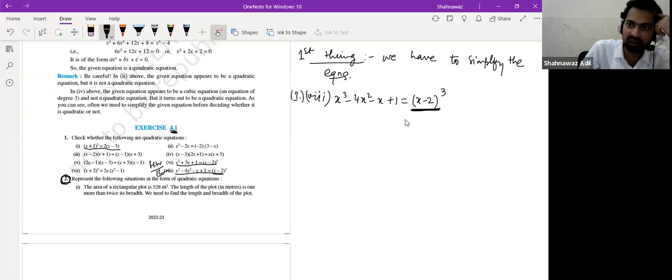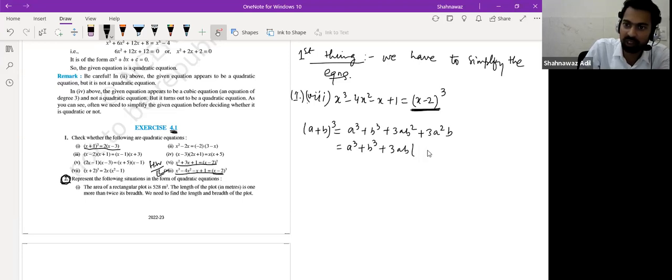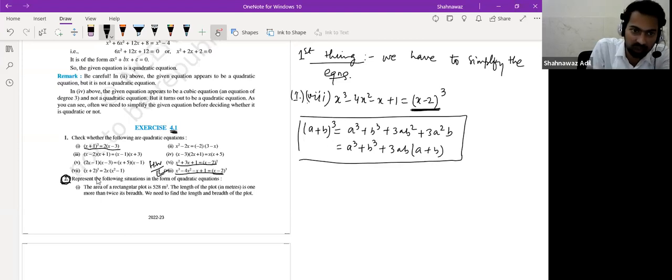Sir, x minus y whole cube. Yes. So (a minus b) whole cube, right? And first I will write what is (a plus b) whole cube. This is a cube plus b cube plus 3ab square plus 3a square b, right? Or you can write it this way also: a cube plus b cube plus 3ab(a plus b), right? So this is the identity. This identity will be used in this question, (x plus 2) whole cube, right?